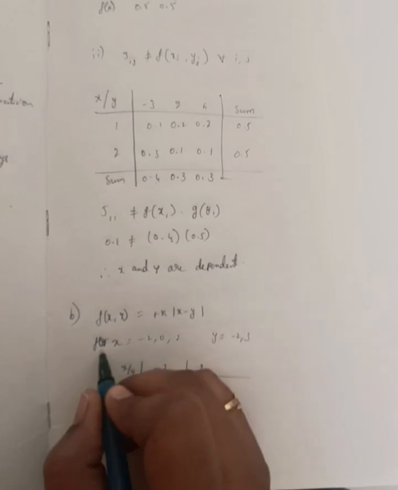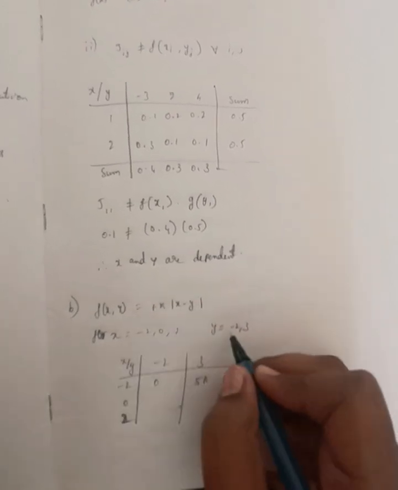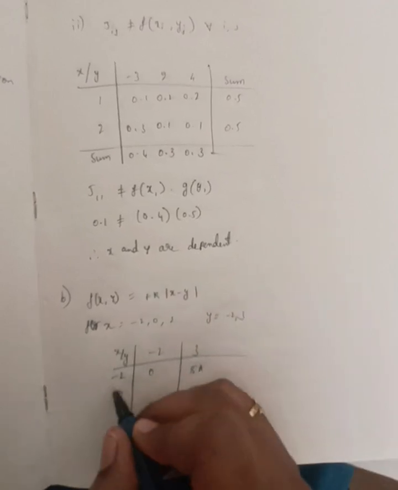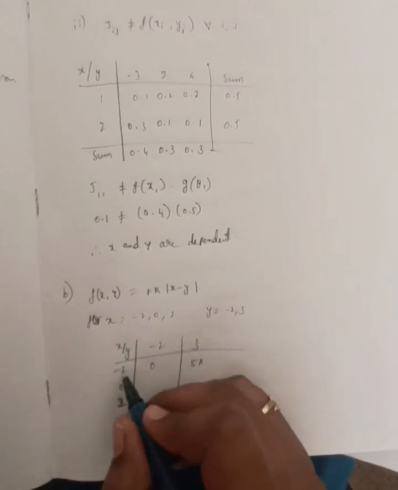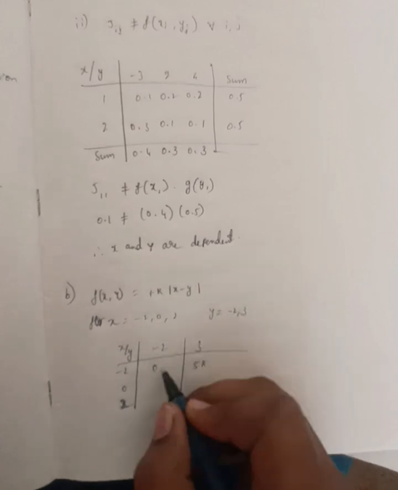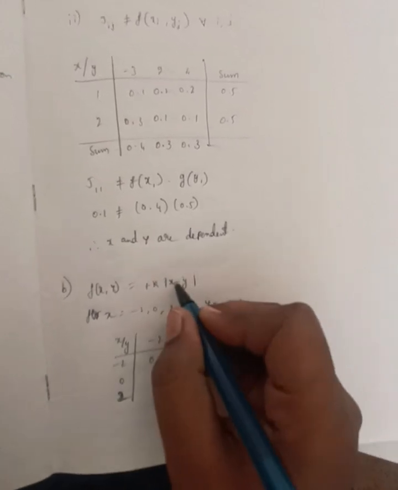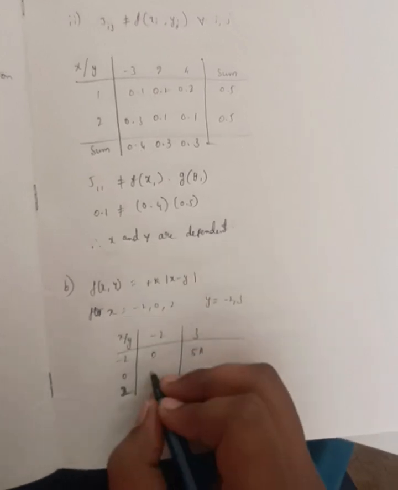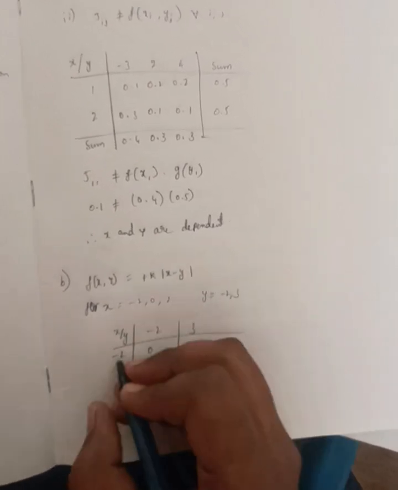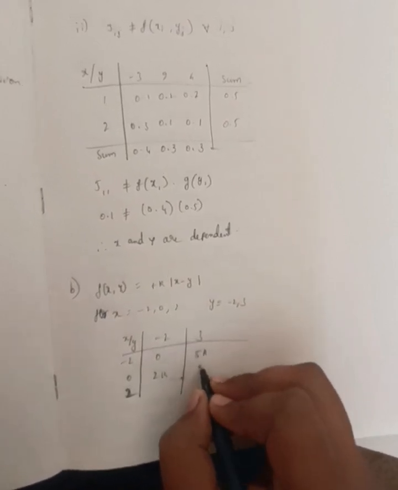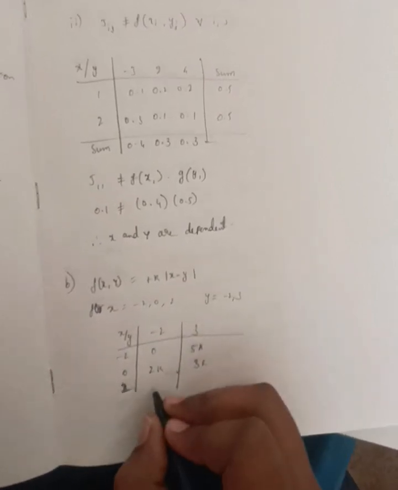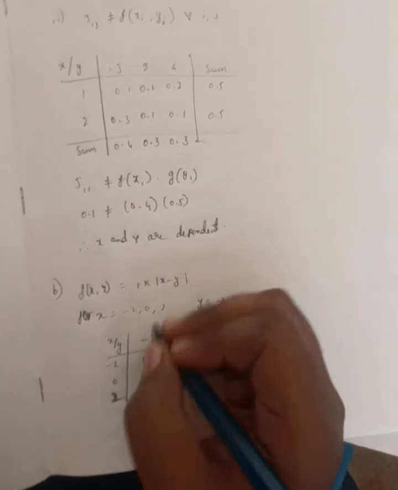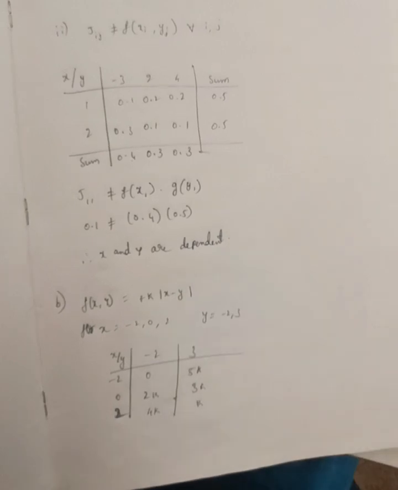Write the table X by Y, with Y equals minus 2, 3 and X equals minus 2, 0, 2. Substituting, for minus 2: 0 and 5k; for 0: 2k and 3k; for 2: 4k and k. Since mod is there, the values are always positive.